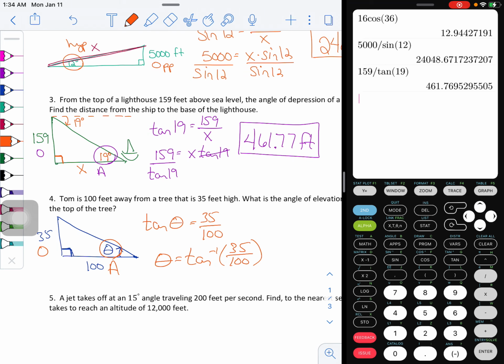Remember, tangent and inverse tangent will undo each other. So the inverse tangent goes into my calculator, 35 over 100. And that means that his angle of elevation is 19.29 degrees.